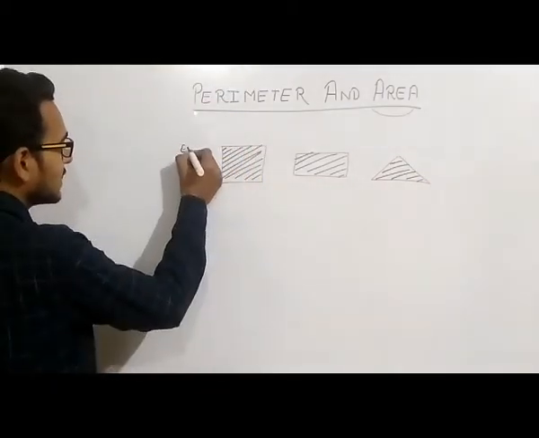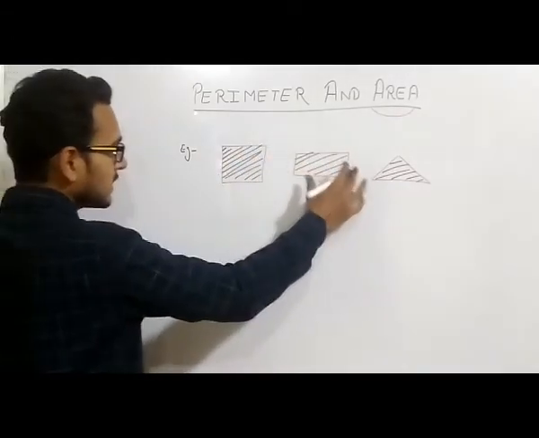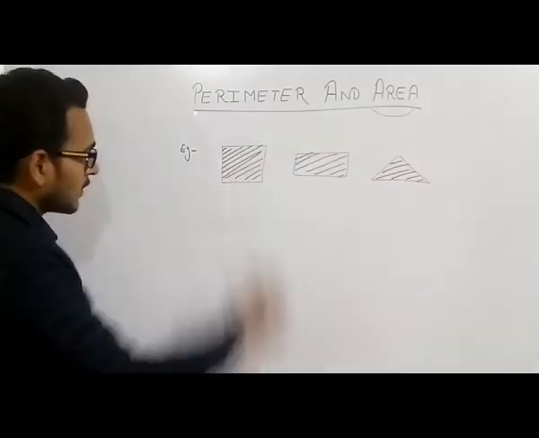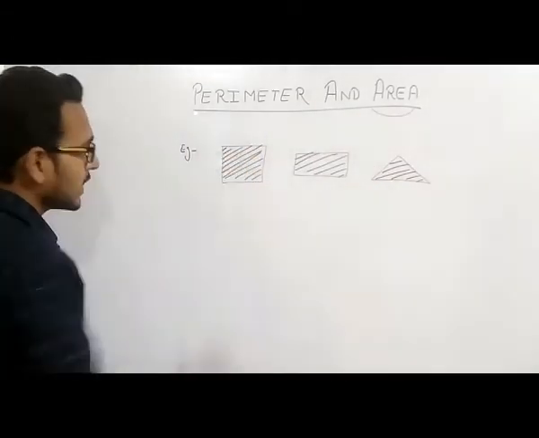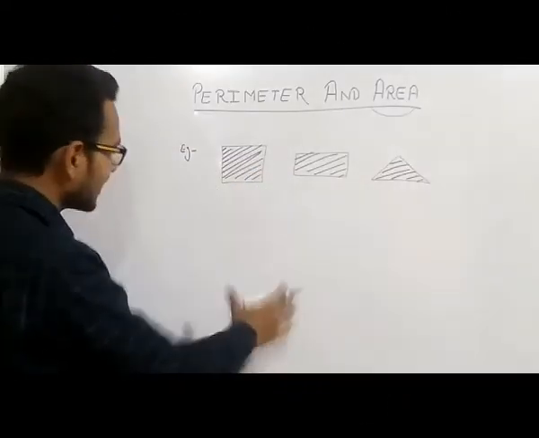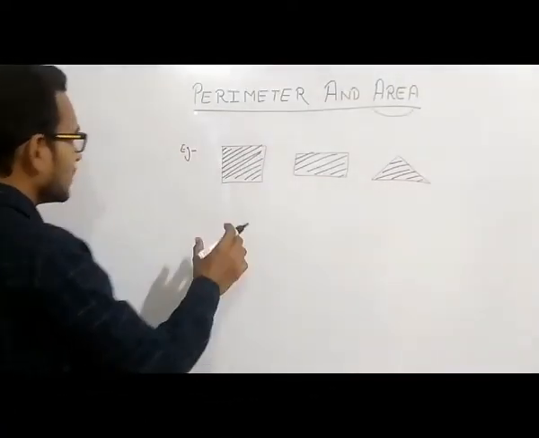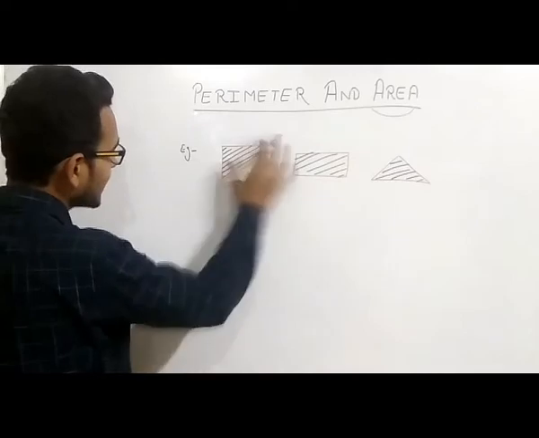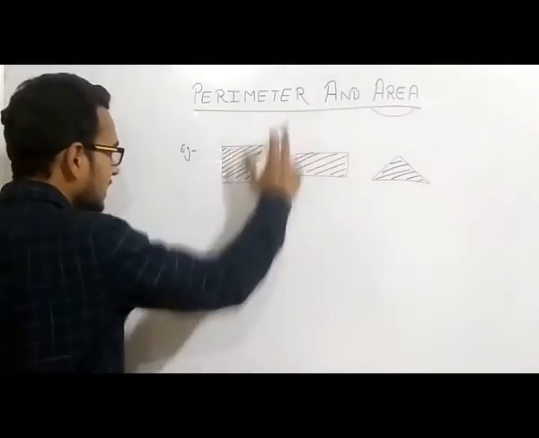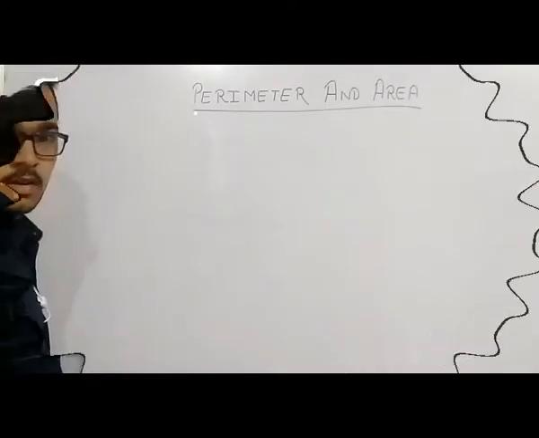These are the examples. The black shaded region is known as area because it covers a definite space. When a box is placed here, it covers the area on the board. So the black shaded region is the area and the red boundary line is known as the perimeter.